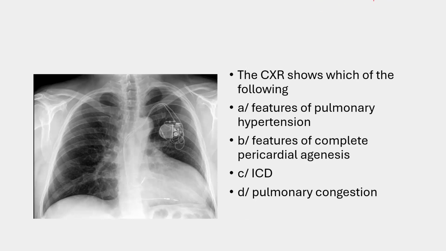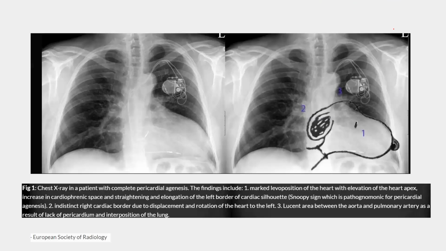The right answer here is, this is a feature of complete pericardial agenesis. And this is the morphology of chest X-ray in pericardial agenesis or congenital absence of the pericardium. And they call it what? It has a name, which is what? A Snoopy dog sign, a Snoopy sign, because it looks like a dog.